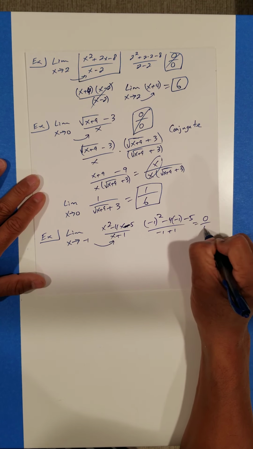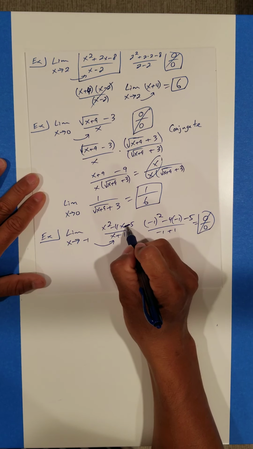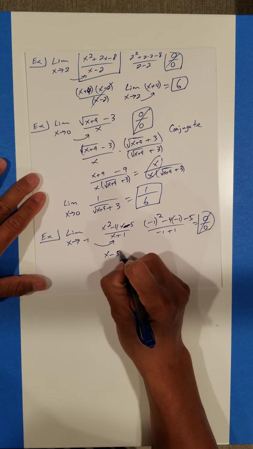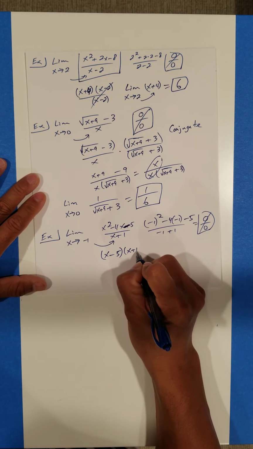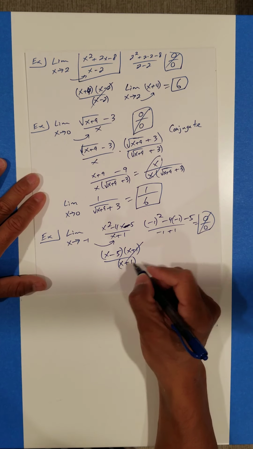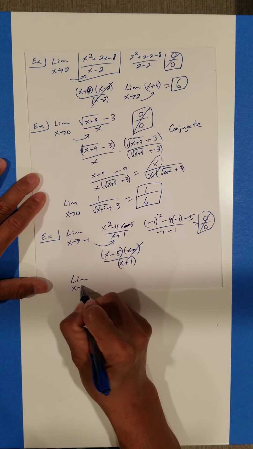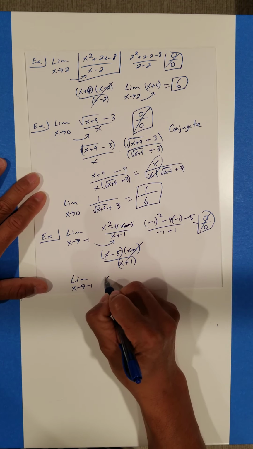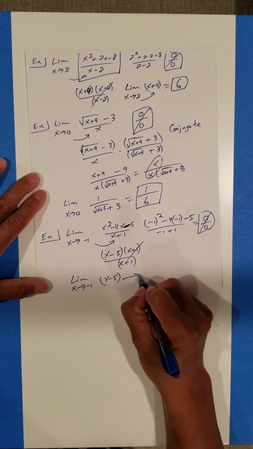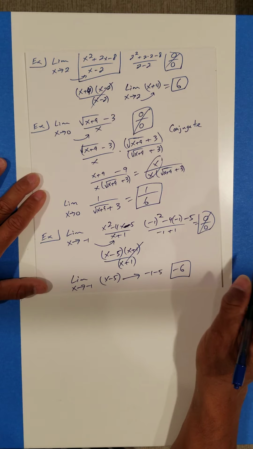Oh, that's a minus 5, sorry. Again, we get 0 over 0. Scary. Let's see, is this factorable? It is: (x minus 5)(x plus 1) on top, and x plus 1 on the bottom. Again, these cancel out. Once we simplify, it's the limit as x approaches negative 1 of x minus 5. Now we plug in negative 1 and get negative 6.